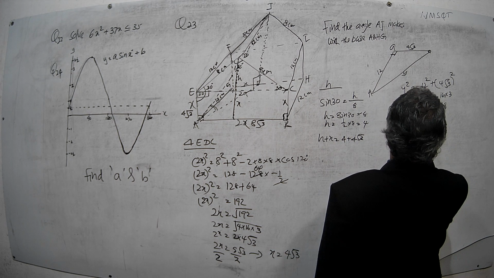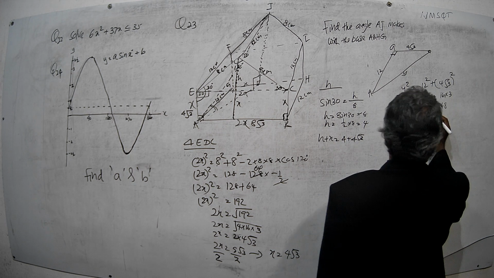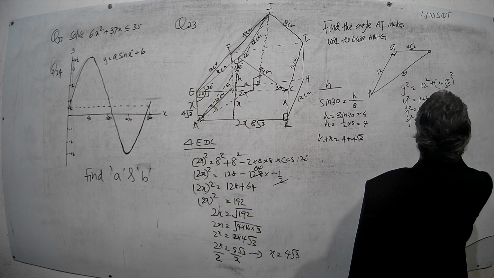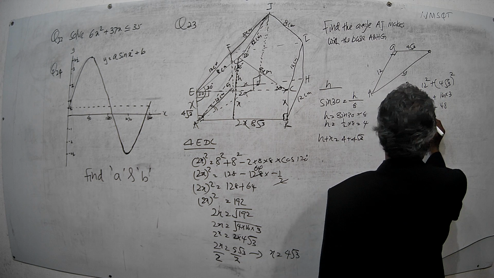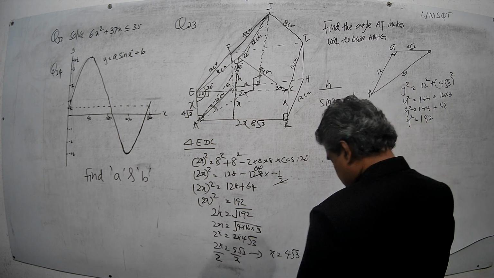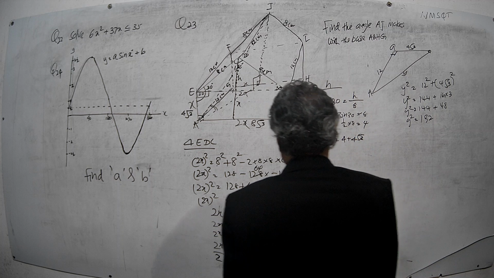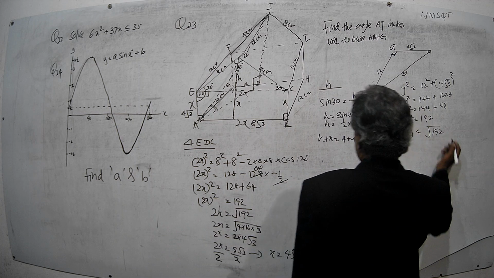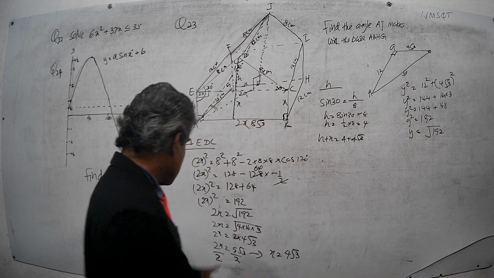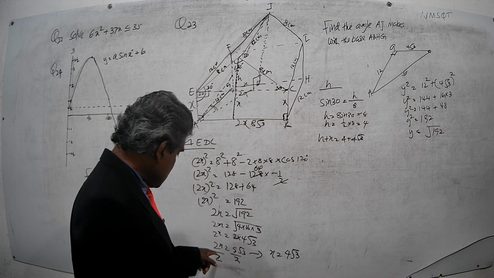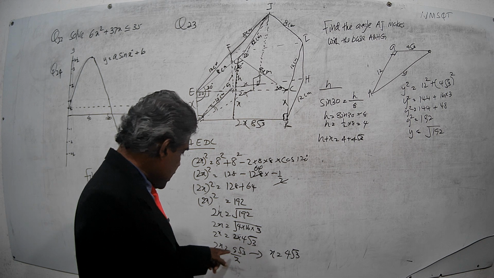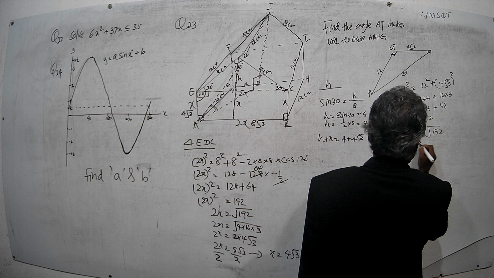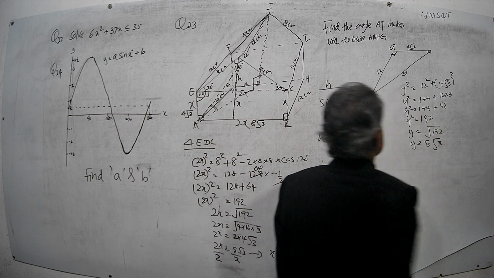Then y squared equals 192. Then y equals square root 192, which we simplified to 8 square root 3. So y equals 8 square root 3. Okay.